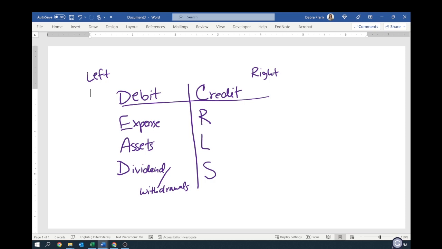All right, but you're going to probably move on maybe into financial accounting, so you want to know dividends as well. All right, so we have revenue for the R. Then we have liabilities. And then we have stock. All right, so common stock. And then in college accounting, it would just be the capital, that owner's capital.